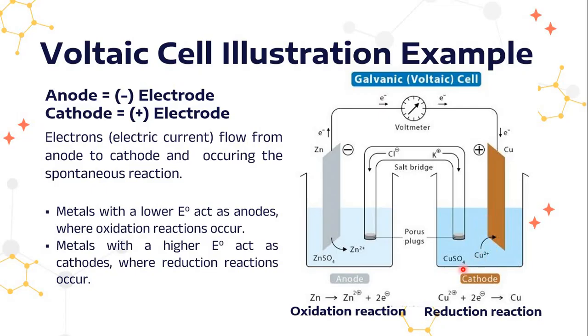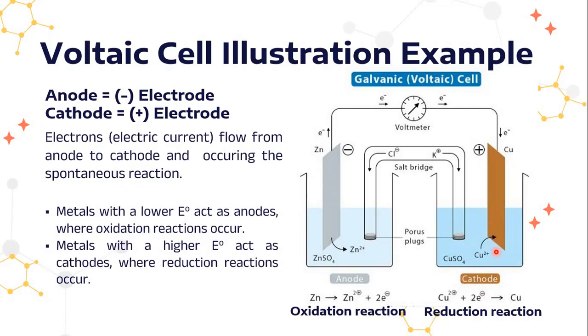And then what happened? What reaction happened in the cathode? It is the opposite of the oxidation reaction, namely the reduction reaction. Reduction reaction in this case is a reaction in which electrons are accepted.